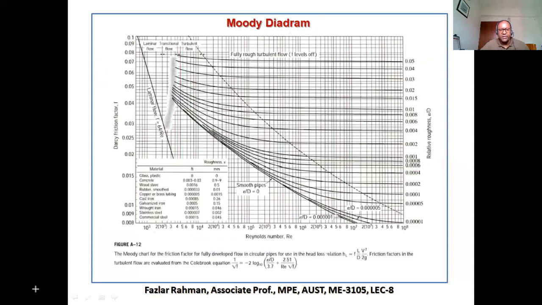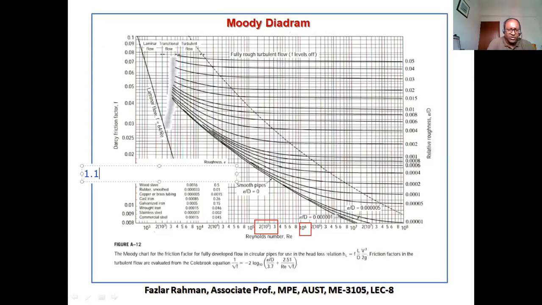So you see this is 10^5. What is this one? 2 × 10^5, this value right over here. If you look carefully, this is 2 × 10^5. Right over here, 10^6. So our value is 1.17 × 10^5.